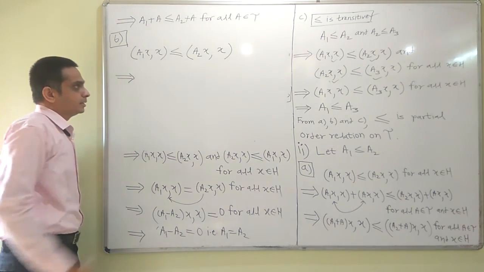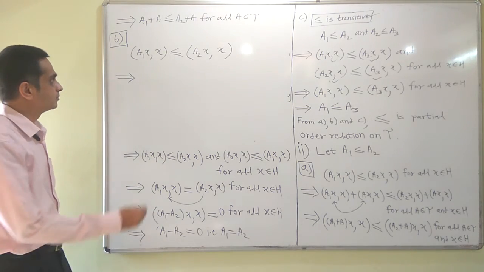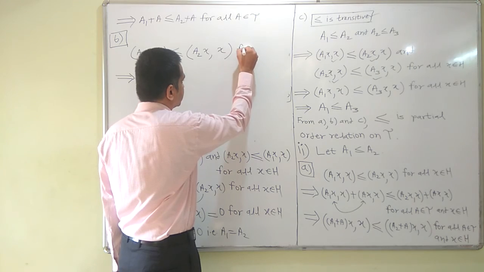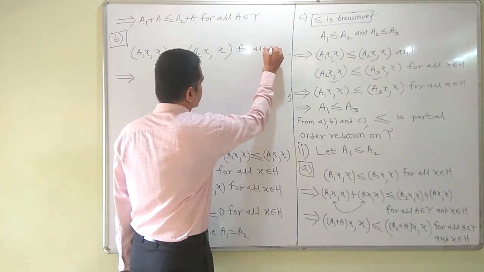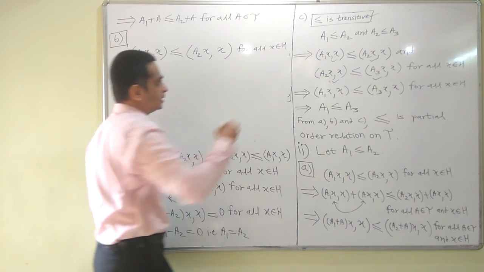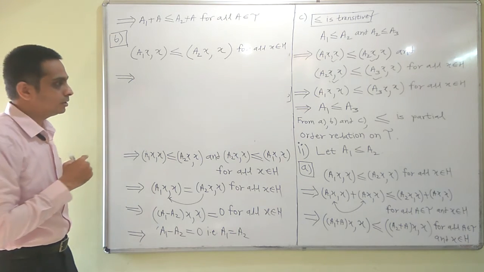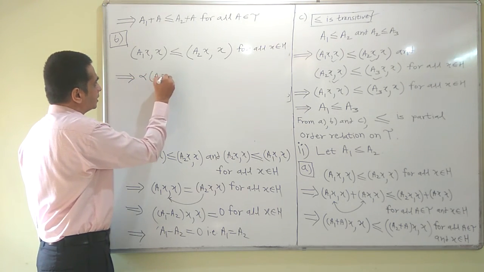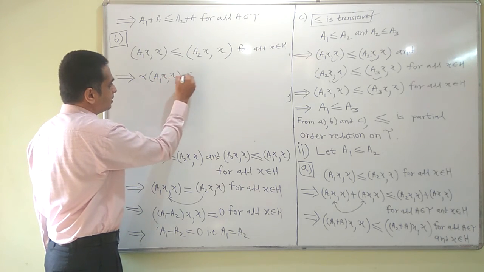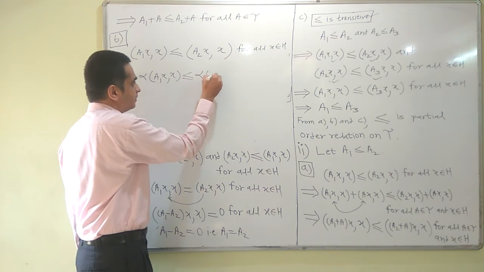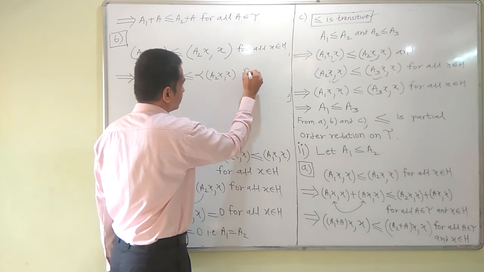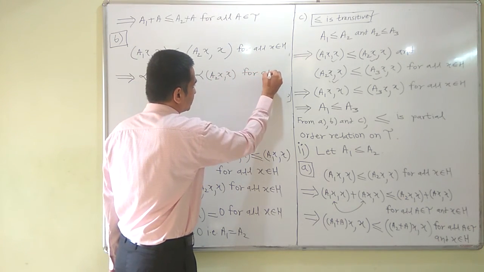This holds for all x belongs to H. Now if I multiply this inequality of real numbers by a non-negative real number alpha, the inequality will be preserved.